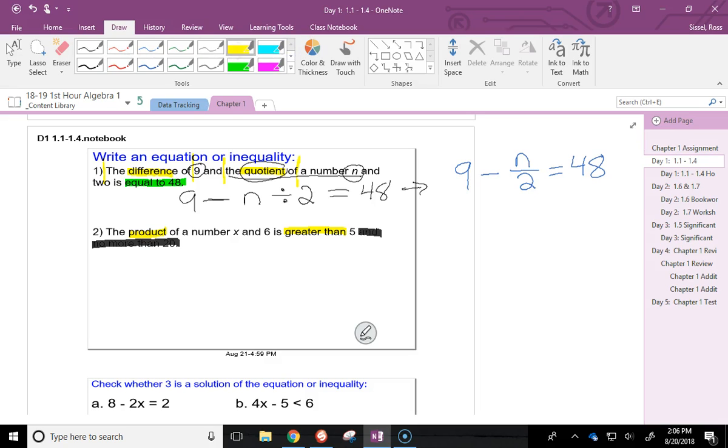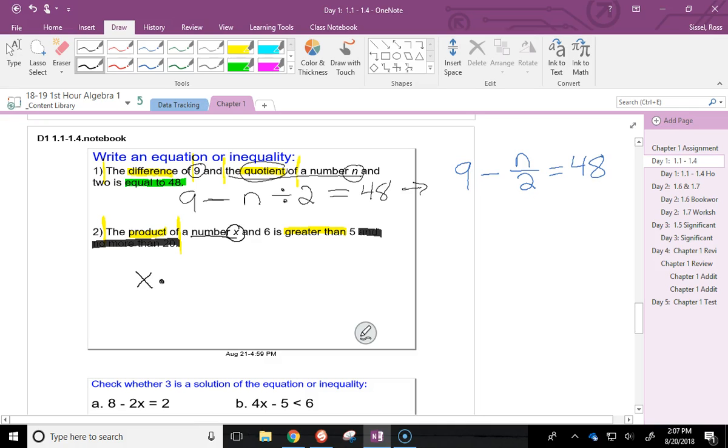Alright, so I'm going back. Product, I already remember product means to multiply. And we had that phrase, the product of. So now I can put everything in order. The product of a number x, so my variable x is going to come first. Oops, and I'm going to back up on this part. And when I multiply, I'm going to use the little dot multiplication.